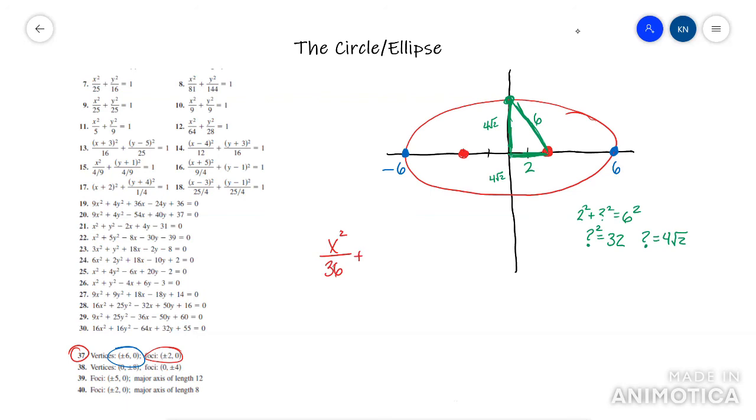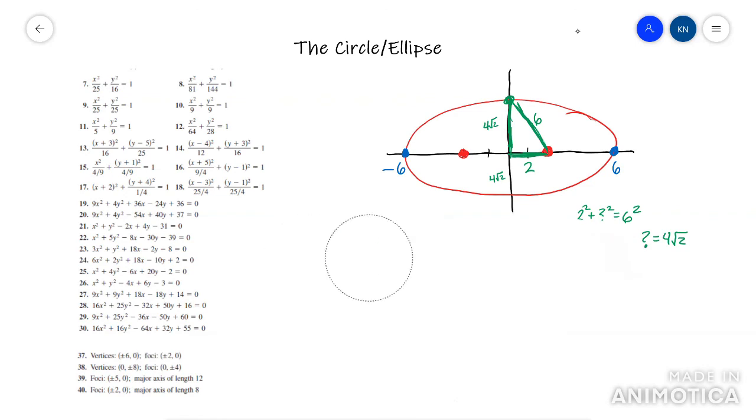There was no shift vertically on the y either. And you want the square of half of the vertical minor axis length. So that would be 32. Then you just say it equals 1, and you'd be done. I hope that wasn't too confusing. You have to go get this half the minor axis length. That's what I'm trying to get at.